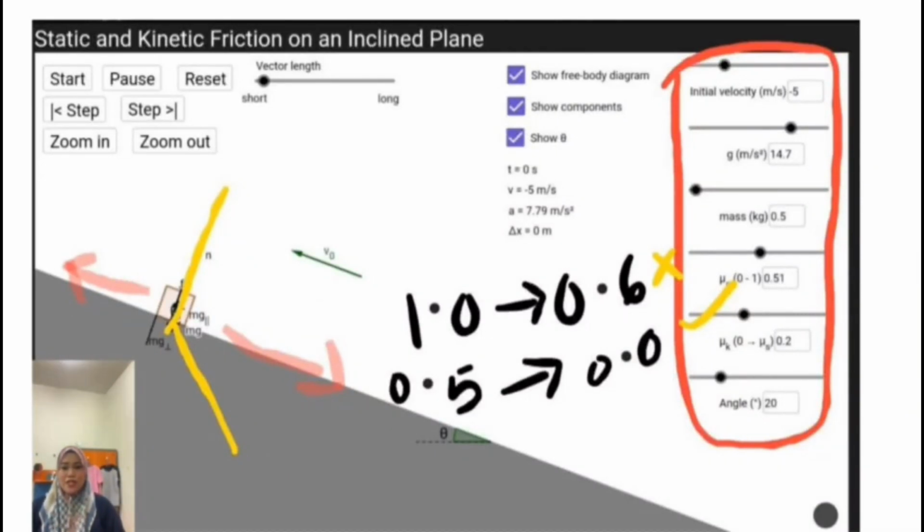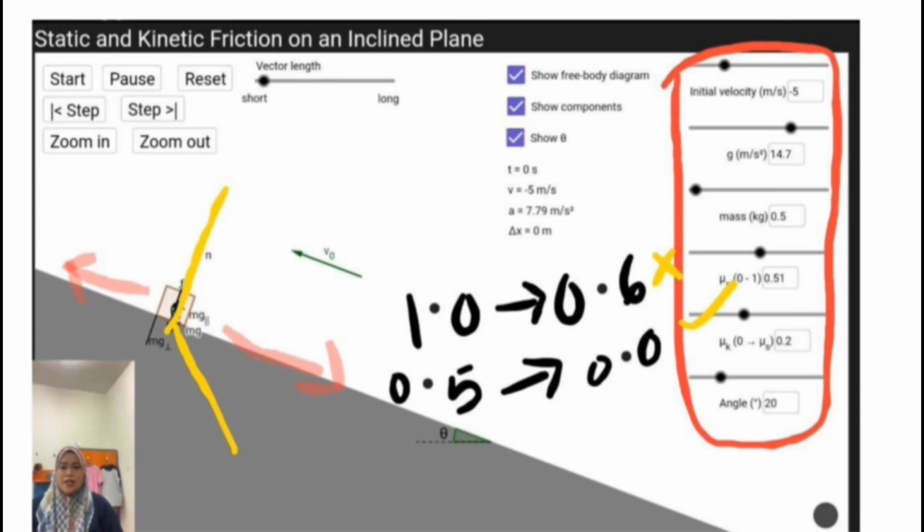I'm going to start with Task 1, which is to compare the critical value of the coefficient of static friction before the block is moving. We change the static and kinetic friction on an inclined plane by changing the status of the block, moving or not.